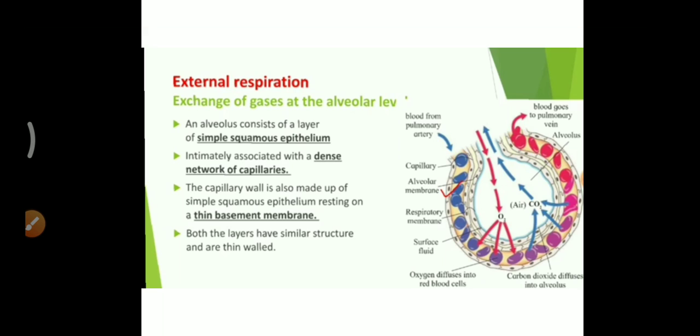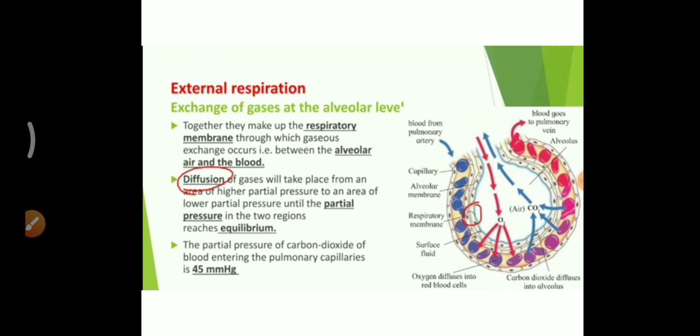So both layers have a similar structure and are thin walled. This is also very important: both the blood capillaries and the alveolus basement membrane are simple and very thin, because only gas exchange should be done here. That's why the whole structure is very thin, for the diffusion of these gases.